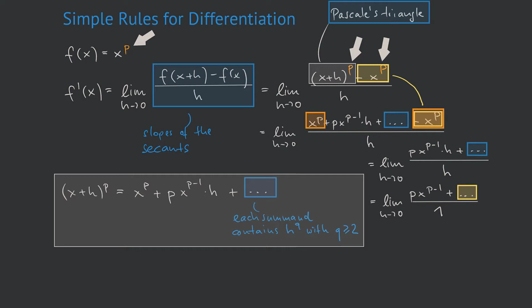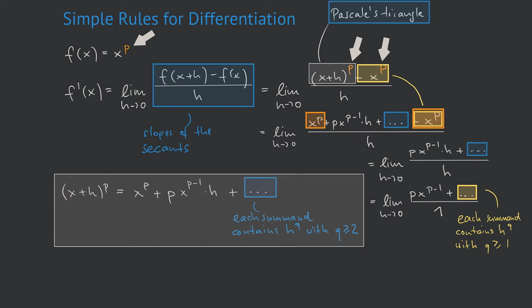This is why I color them yellow instead of blue. Because reducing by h means that each of the summands which is contained in the dots has lost one factor h. And that means that we now can write each summand contains the factor h to the power of q with q greater than or equal 1 instead of 2, because one factor h has been taken away from each summand.